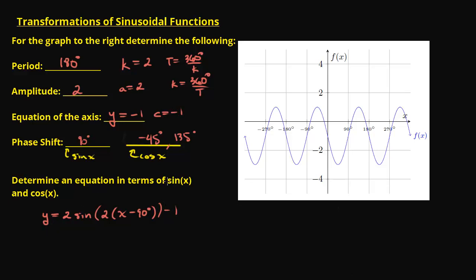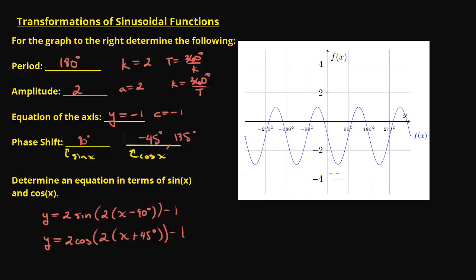Alternatively, if we wanted to use the cosine curve, we could have written y is equal to 2 cosine of k, which is still 2, times x plus 45, or minus 135. So let's just say plus 45 degrees, minus 1. Both of these equations model this curve. Both of these equations are correct.